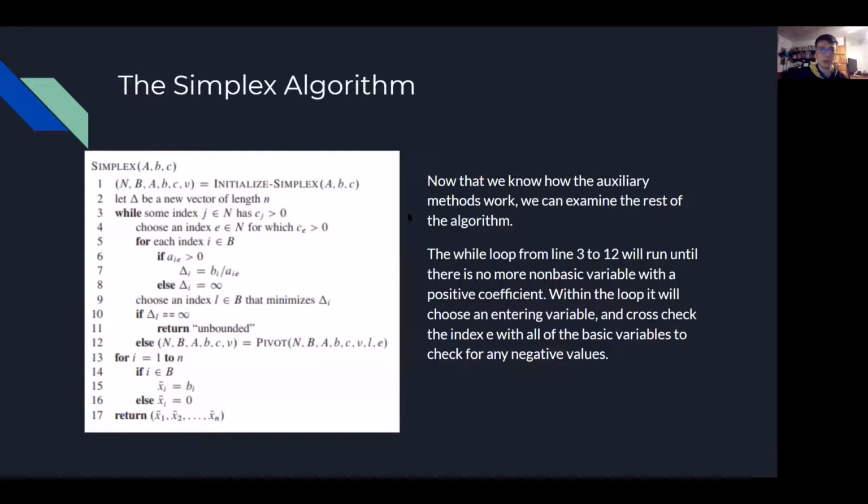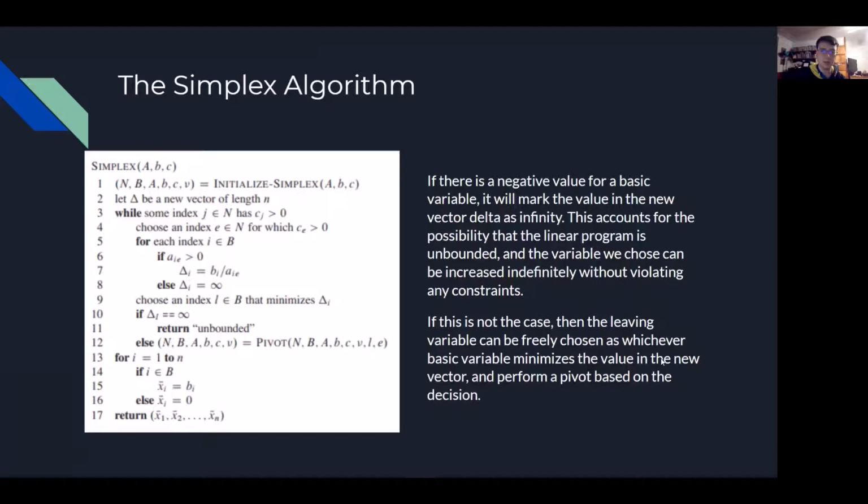So now that we know how the auxiliary methods work, we can examine the rest of the algorithm. So we create a new vector delta to hold our values, and we iterate through another while loop from line 3 to 12. And we will go until we have no more positive non-basic variable coefficients. And within the loop, it'll choose an entering variable and cross-check that index with all the basic variables to check for any negative values.